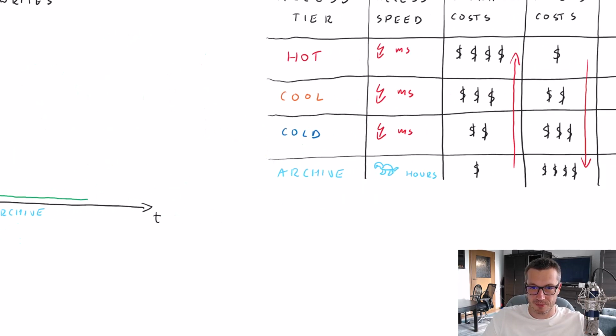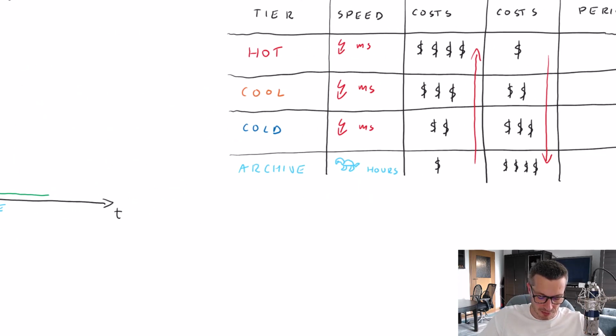So let me just emphasize it one more time. Hot, cool, and cold access tiers are online, which simply means that they are accessible without any delay. On the other hand, the archive is offline, which means that we cannot do anything with files in this access tier.